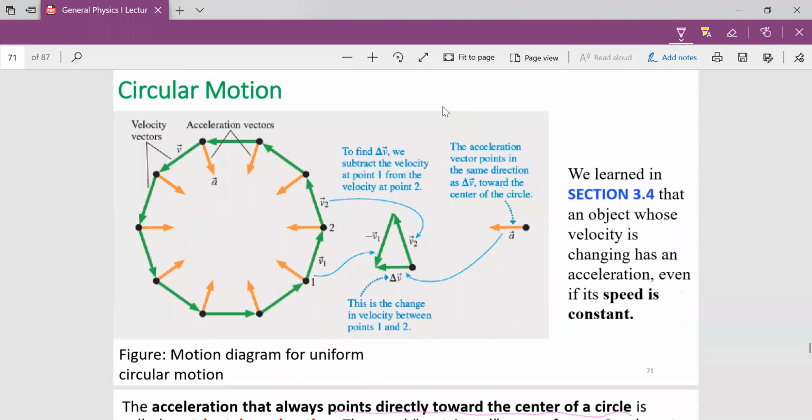Okay, so let's look at the circular motion. Now, if we take a good look at the picture of the circular motion before us, let's take a closer look at the velocity vector arrows. What can we say about the velocity vector arrows? They are all of the same size. And what does that emphasize to us?